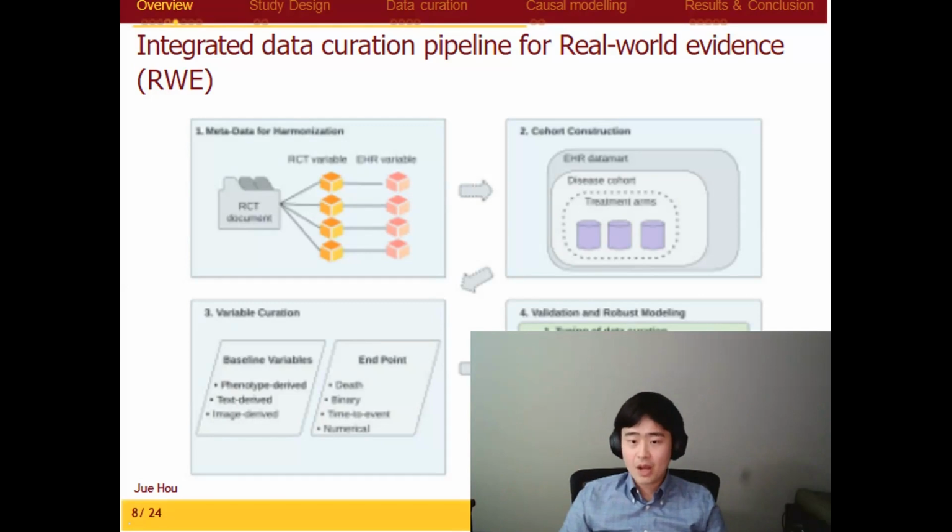In the second step, we extract the cohort that's relevant to the study, like either with the disease or having undergone a certain treatment. And third, we extract the needed clinical variables using the tools I have mentioned. And in the end, we prepare some expert-reviewed annotations for the tuning and validation of this method, and of course for robust subsequent analysis.